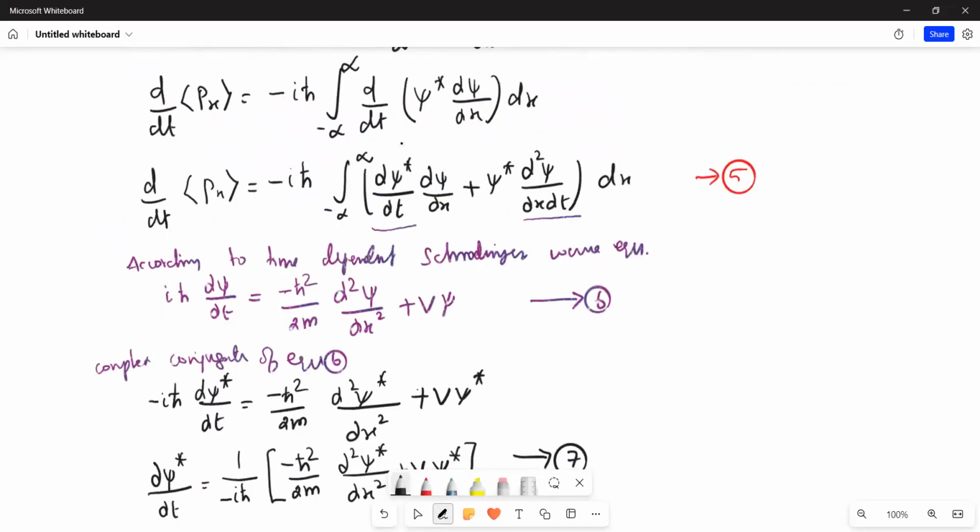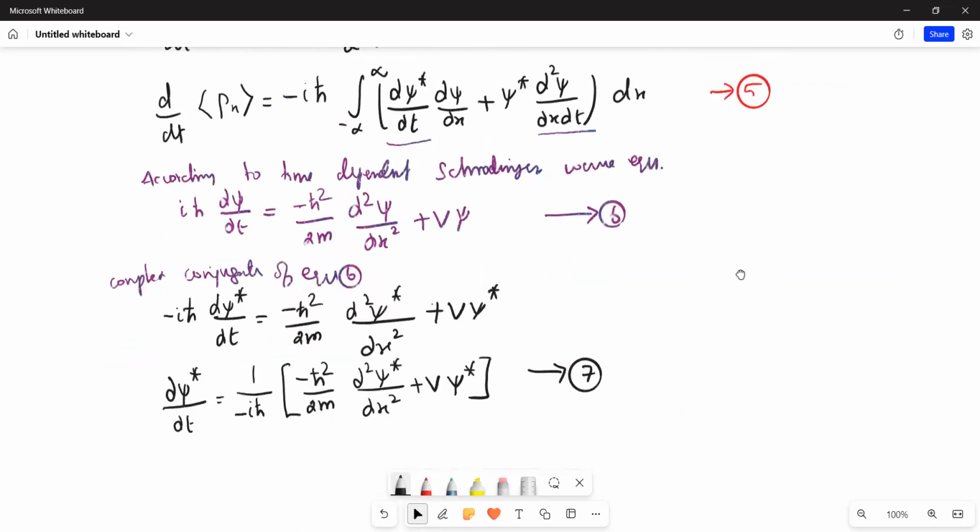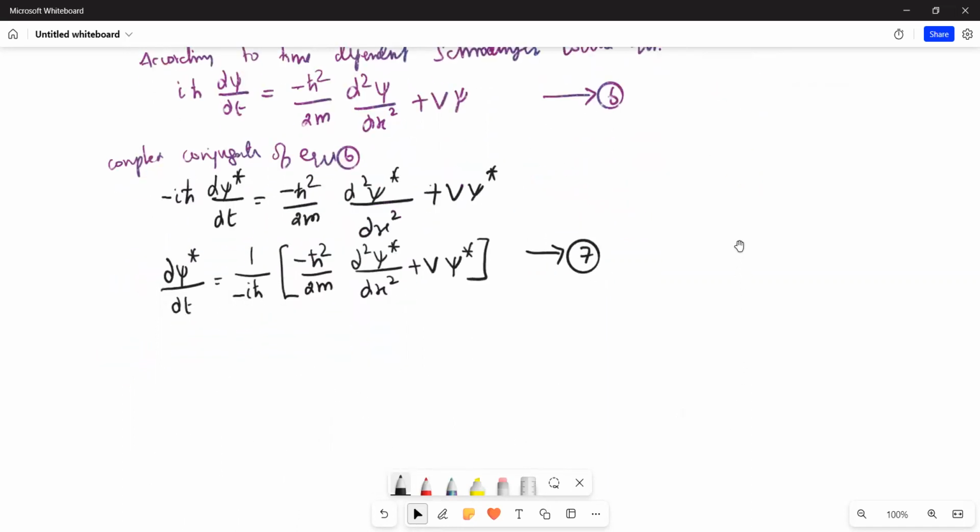Which one? This one. Again we need one more piece of data, that is dou square psi by dou x dou t. We need to get it from the same equation. Consider equation 6 and differentiate it with respect to x. You will get that value.